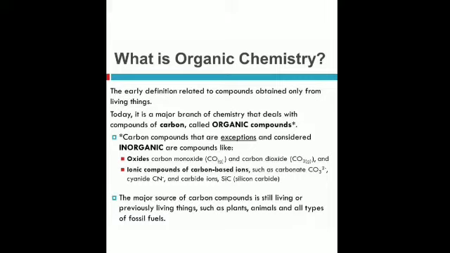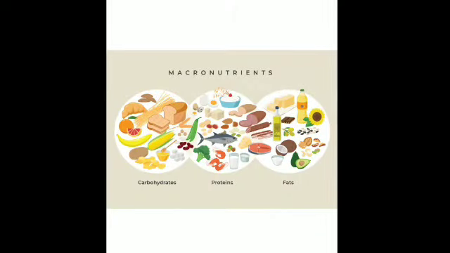Whatever things we are using in our day to day life all contain carbon. That is, whatever food nutrients we are consuming, in the form of eggs, milk, meat, oils, bakery products, they all contain nutrients like proteins, fats and carbohydrates, and these are all organic compounds.